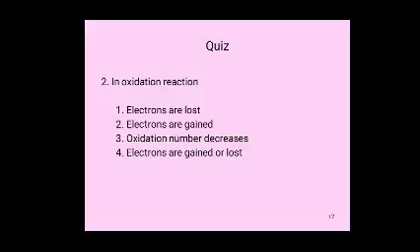The first option is electrons are lost, the second is gained, the third is decreasing charge, and the fourth says gain or loss. Gain of electrons decreases the charge. So answer 1 is correct, since loss of electrons is called oxidation.